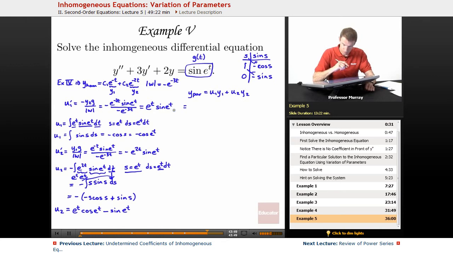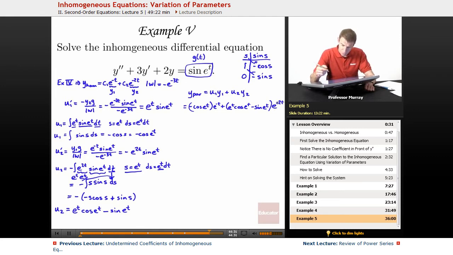So u1 is negative cosine e to the t, and that gets multiplied by y1, which is e to the negative t, plus u2 is e to the t cosine of e to the t minus sine of e to the t. And all of that gets multiplied by y2, which was e to the negative 2t.